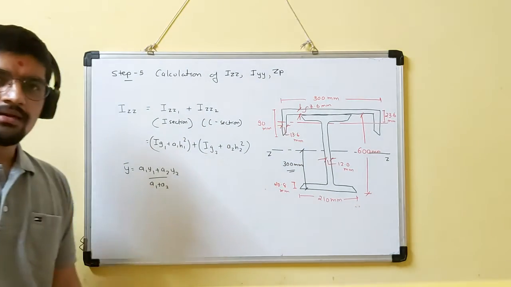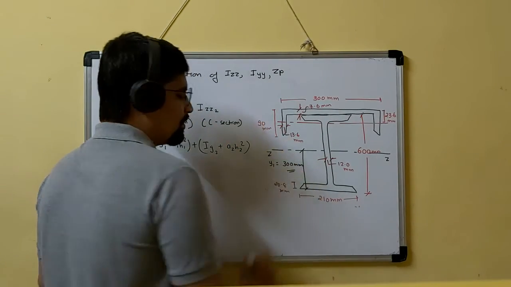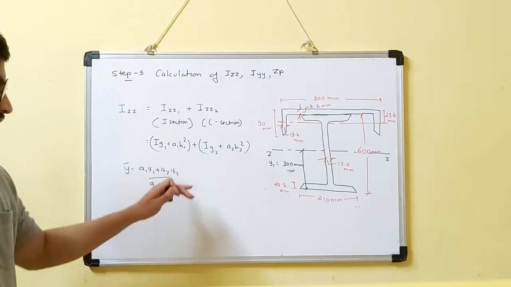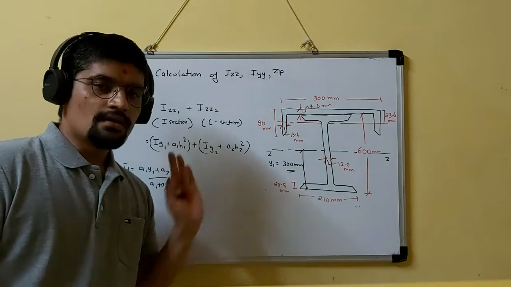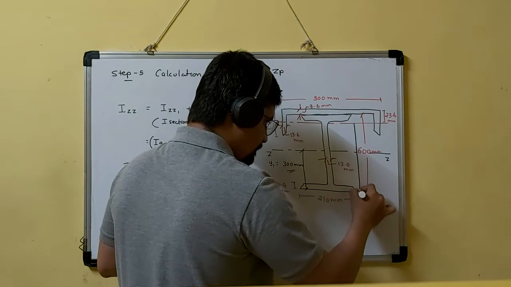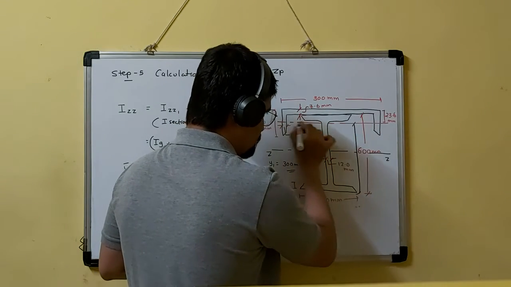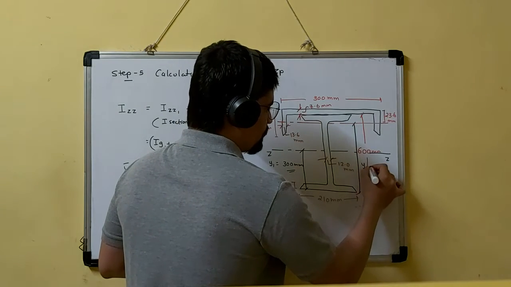Okay, and Y2 will be the distance from the CG of the C section to the bottom. So it will be from here. This is the CG distance of the C section. So what will be the value of Y2?